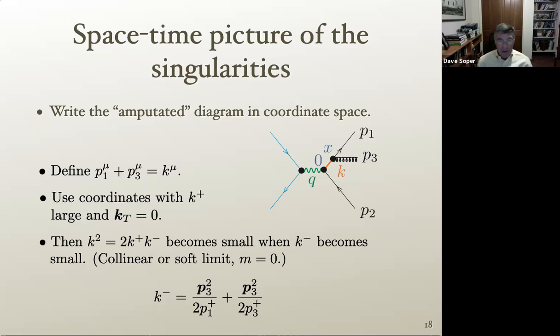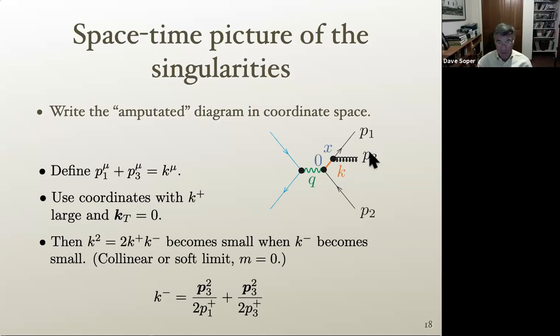So then K squared, which in this frame is 2K plus K minus, becomes small when K minus becomes small, which is either the collinear or the soft limit, taking the masses of all these partons to be 0. In that case, if you work out the kinematics, K minus is the sum of the minus momenta of 1 and 3.